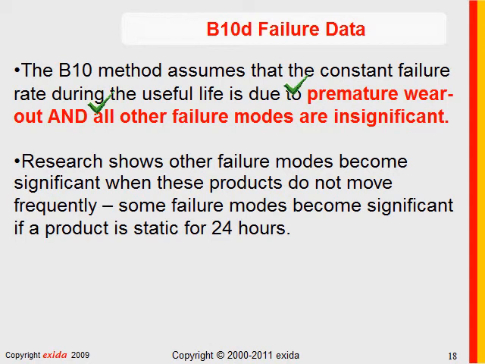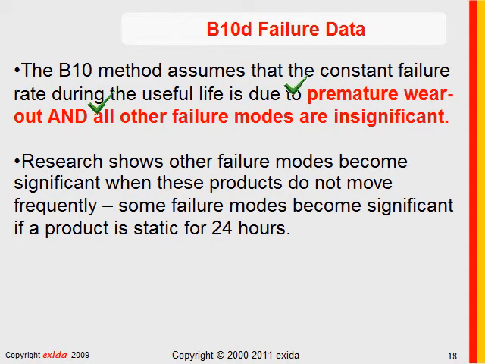And premature wear out just means any parts that fail sooner than they should because of a manufacturing defect or a materials defect or something along those lines. So remember, the assumption is that all failures are due to premature wear out, and that all other failure modes are so small they are totally insignificant.